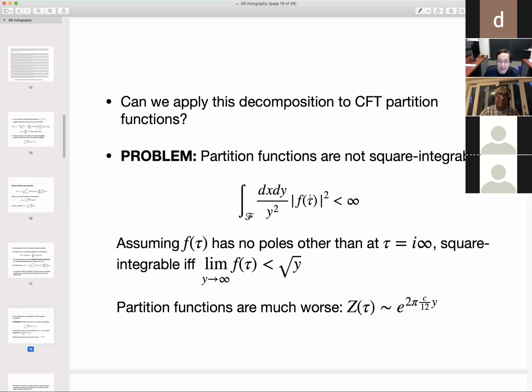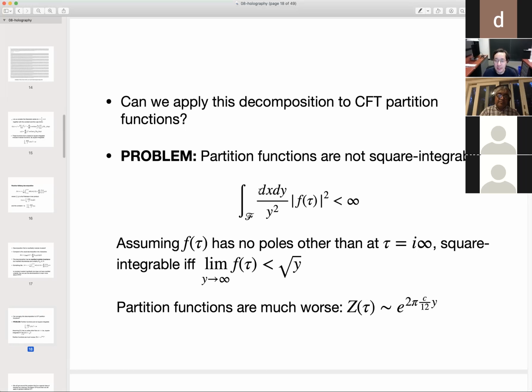So why is that? What would the conditions be for some function f to be square integrable? The first thing we want to assume is that f has no poles away from the point infinity. That's a very reasonable assumption for a partition function, because that is just the statement that at finite temperature, the partition function never diverges. You don't get some Hagedorn transition.